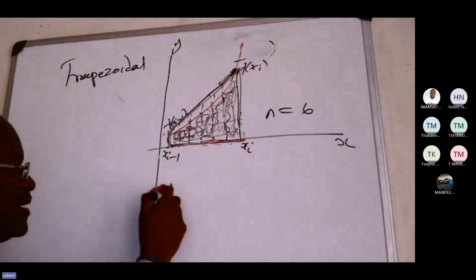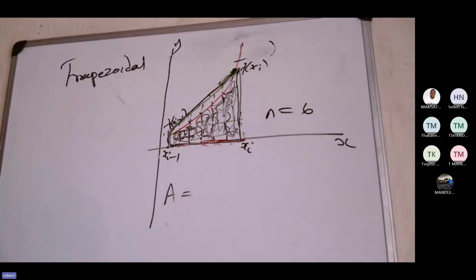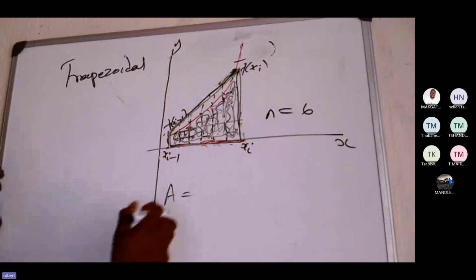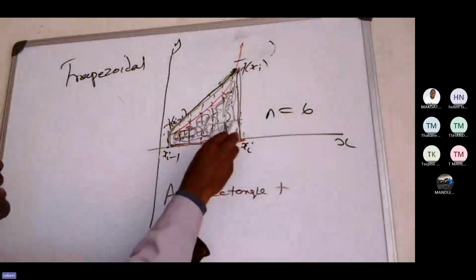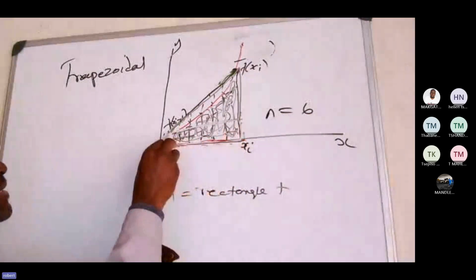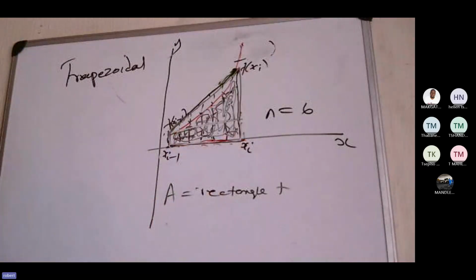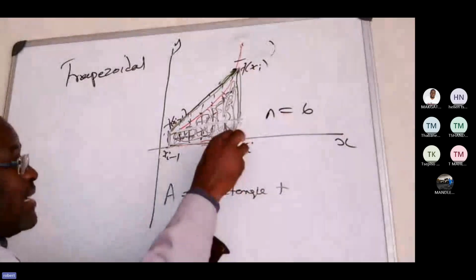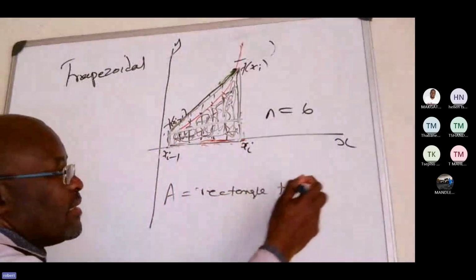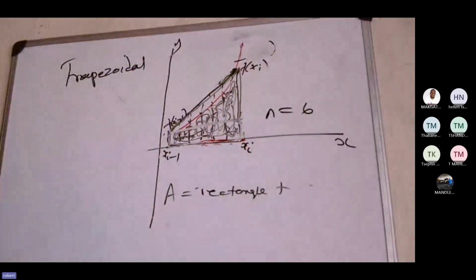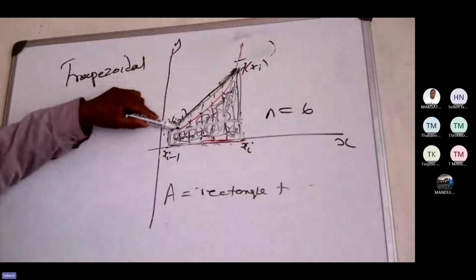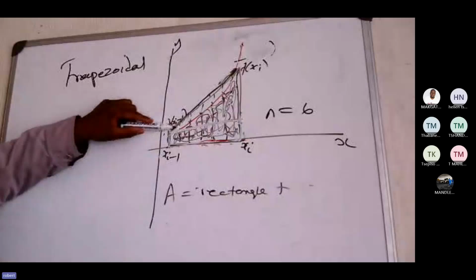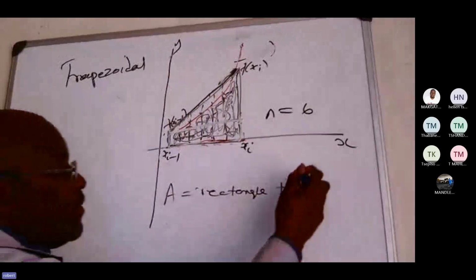Or let us simply say, the area of the trapezium will be the area of the rectangle, that is this part, plus the area of this triangle.